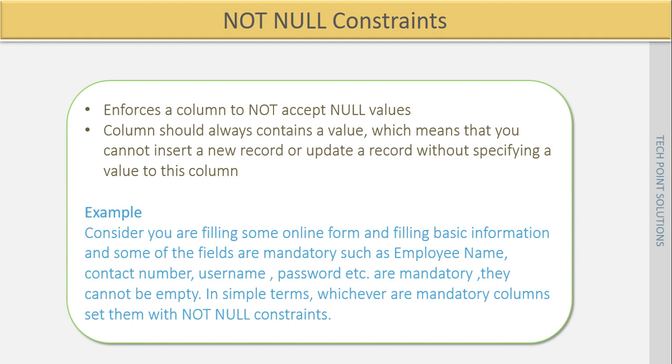For example, consider that you are filling in an online form with some basic information such as employee name, contact number, username. You often see that those are mandatory fields highlighted with a red star icon that indicates these values are required fields. In simple terms, whichever are mandatory columns, set them with a not null constraint. Let's consider an example.